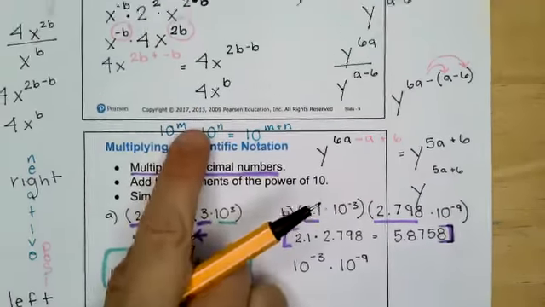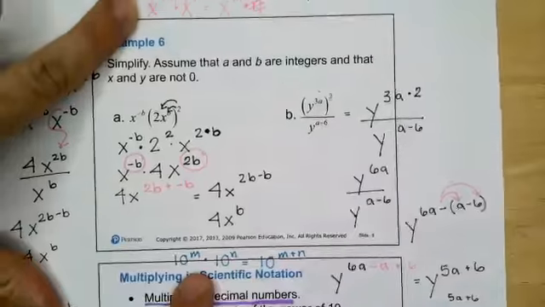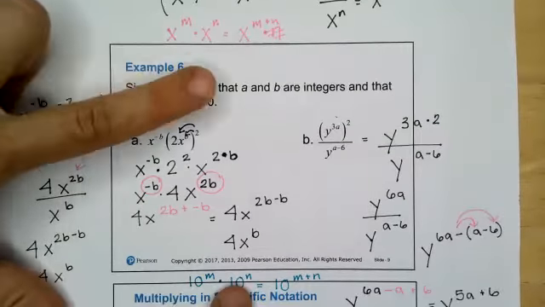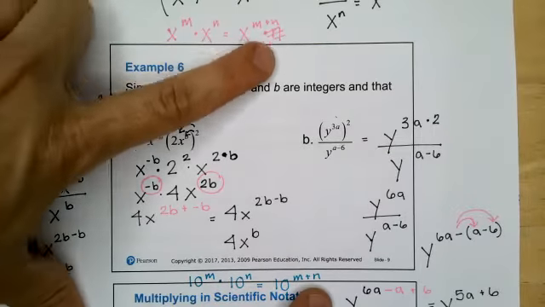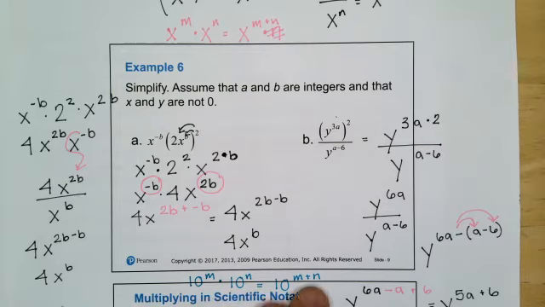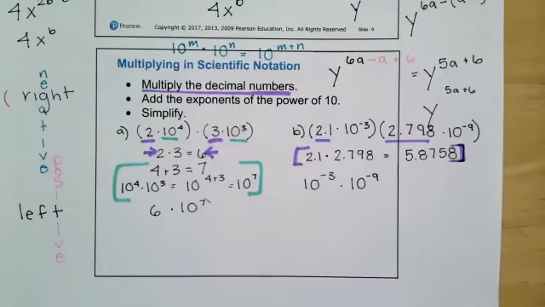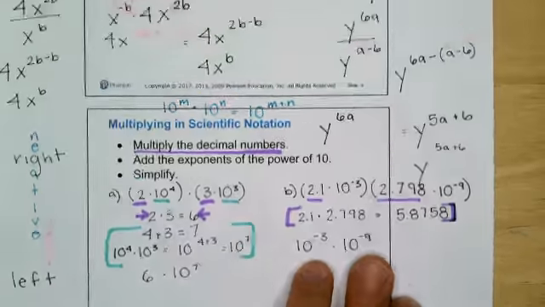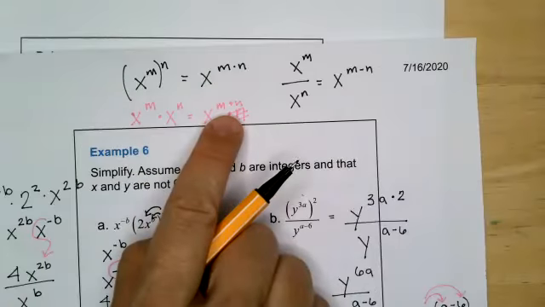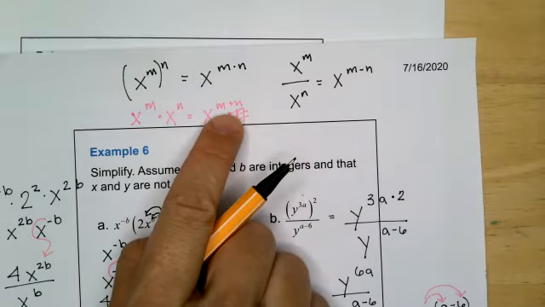It's the exact same rule as x to the power of m times x to the power of n equals x to the power of m plus n. If you have the same base, you can add the exponents. So it would be 10 to the 12th power? Negative or positive? Positive because it's two negatives. No, because you're just adding them. You're right.